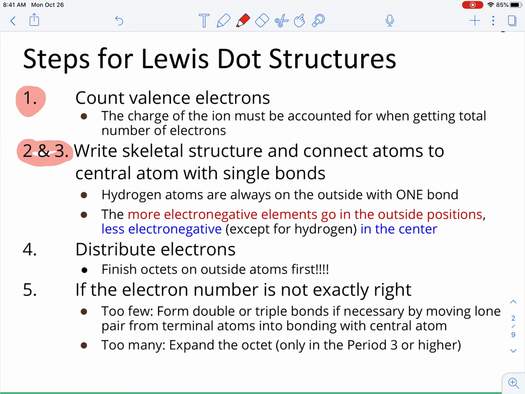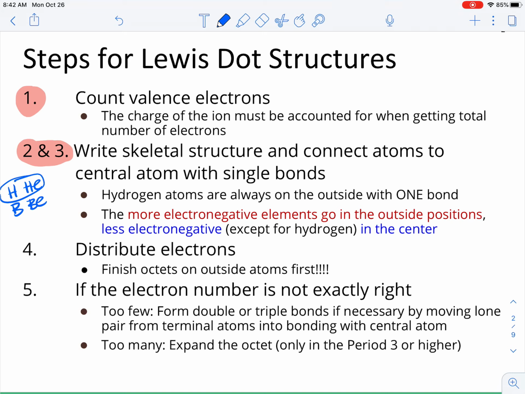Steps 2 and 3, remember we draw our skeletal structure for the compound, the basic form connecting atoms to each other with single bonds. The hydrogen atoms are always going to be on the outside with one bond. Remember, hydrogen atoms are happy with a duet, and we have a few other exceptions: H, He, B, Be.